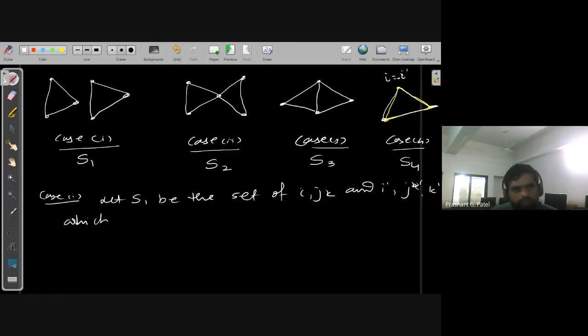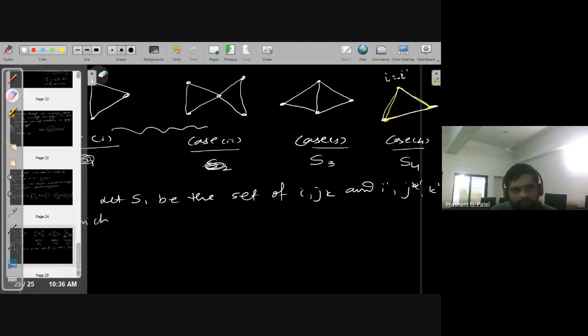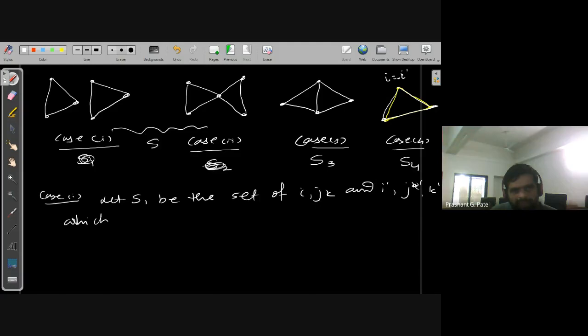I'll consider both these situations together because they will have the same calculation. So both these cases have the S1 situation.